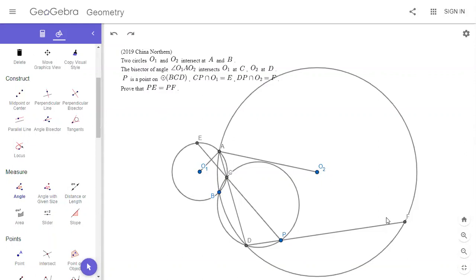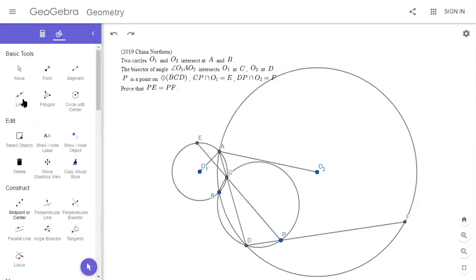Let's see. So yeah, let me draw. I don't know if drawing O1, O2 helps. Let's see.